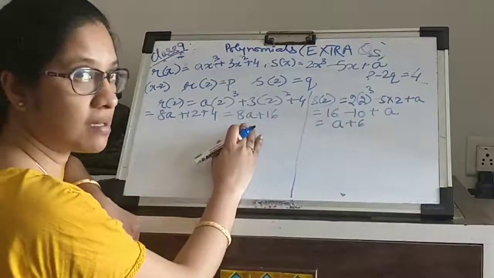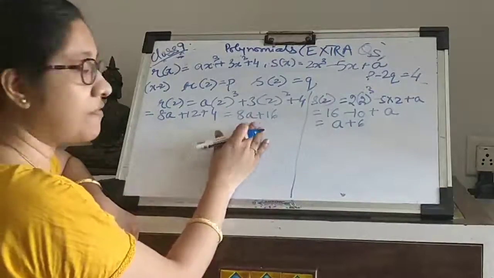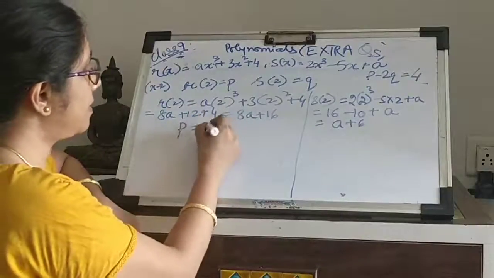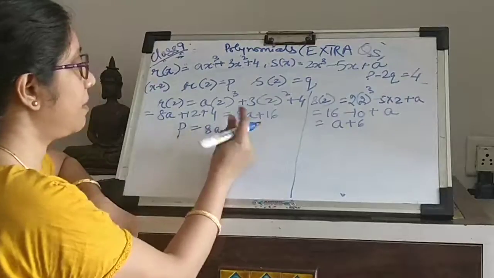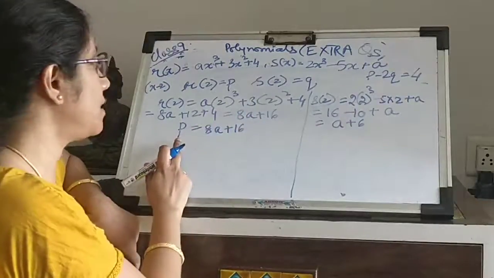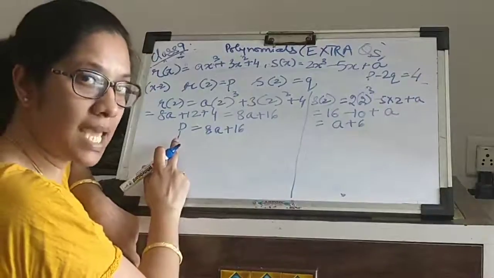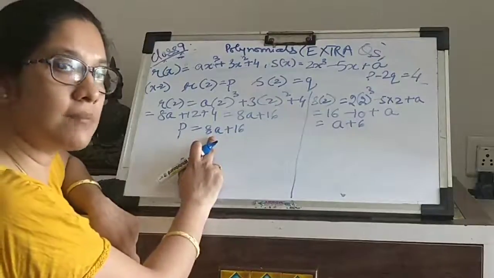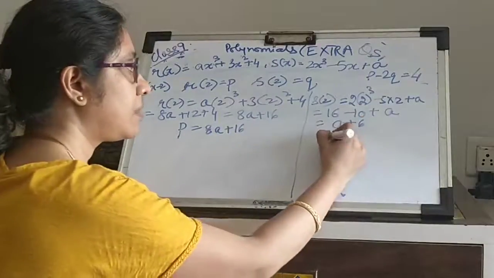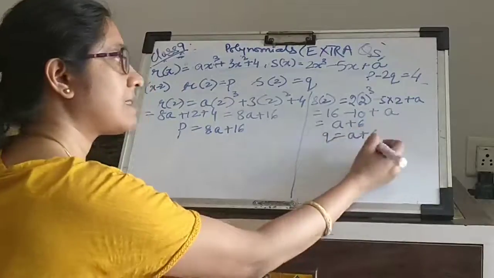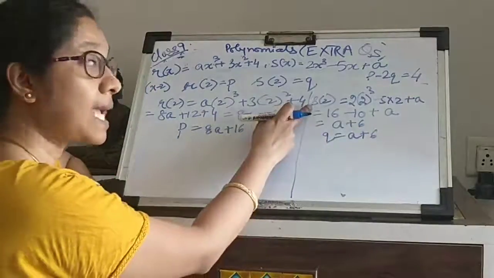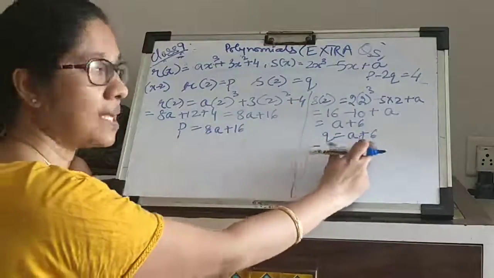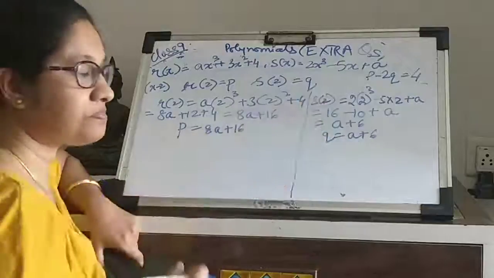Also given to us is the fact that the remainder is p, because in the question it was given that when you divide R(x) by x minus 2, you get p as remainder, which is nothing but 8a plus 16. Similarly, q is a plus 6, because when we divide S(x) by x minus 2, we get q as the remainder, which is nothing but a plus 6, which is S(2).